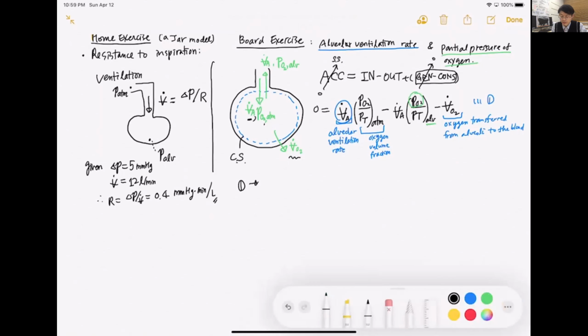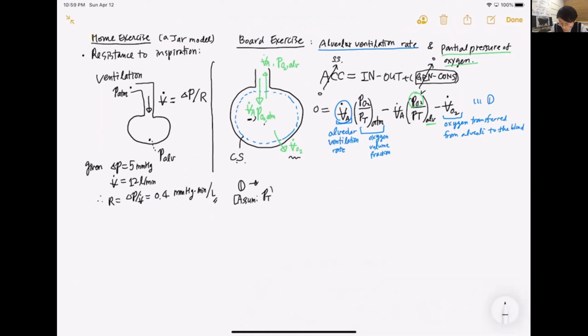Okay, so let's rearrange equation 1. We need a little bit of an assumption, which is very much true: the atmospheric total pressure is almost the same as the pressure inside the alveolus, which is not too different.